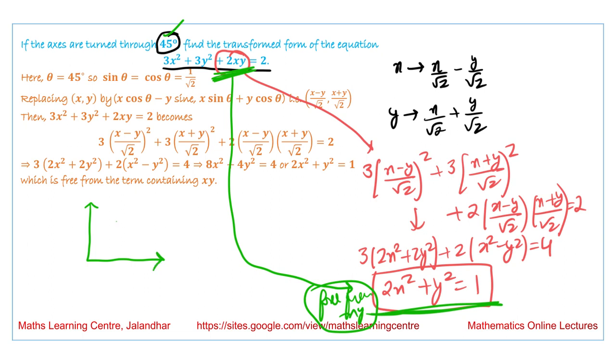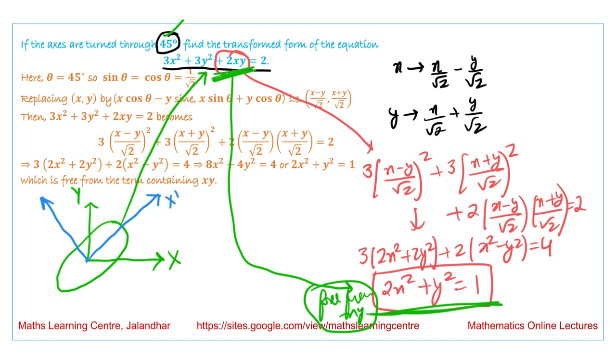Suppose we have some figure corresponding to the x and y axis. We rotate this axis by an angle of 45 degrees, giving x dash and y dash. Now, corresponding to this axis, this figure has the equation 2x square plus y square is equal to 1, and this is free from the term containing x into y.